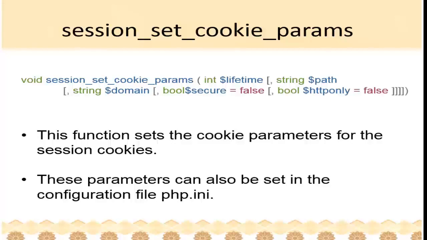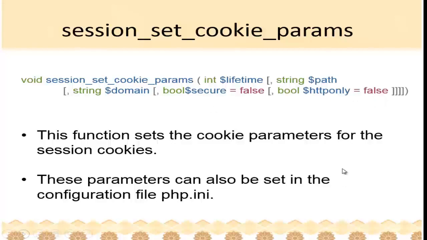To modify the cookie, we have a special function called session_set_cookie_params. You can specify the lifetime of the cookie, the path of the cookie, and the domain of the cookie. You can specify whether the cookie has to be sent in a secured connection only, that means the cookie has to be transferred only in the HTTP request, or whether the cookie will be available in the other protocols.